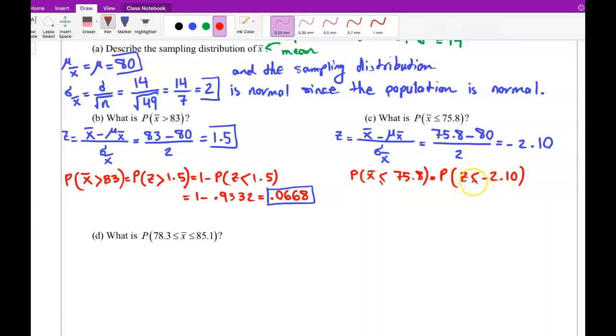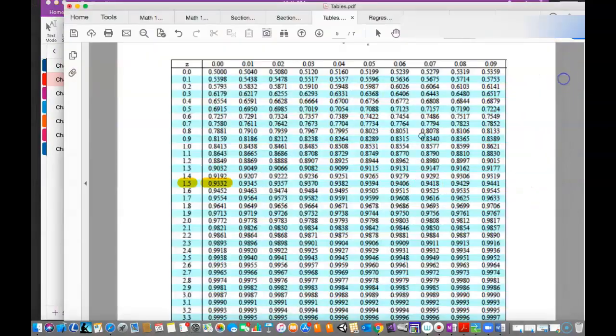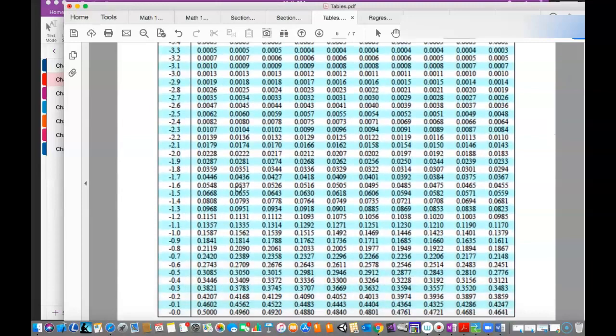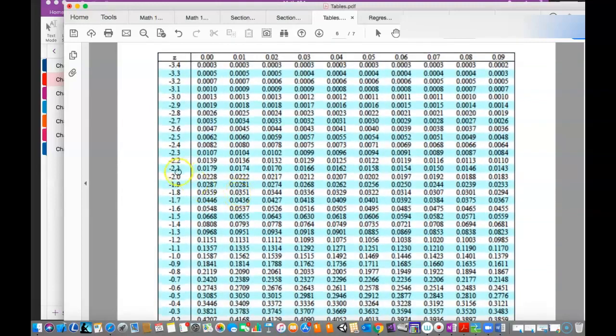So here we have less than, so this is on the left side. Okay, let's go back to the table. We have negative z. Okay, so negative 2.1, and here is 0.